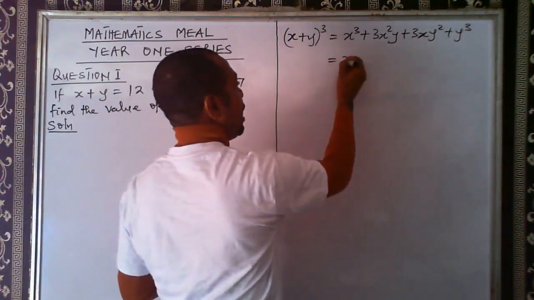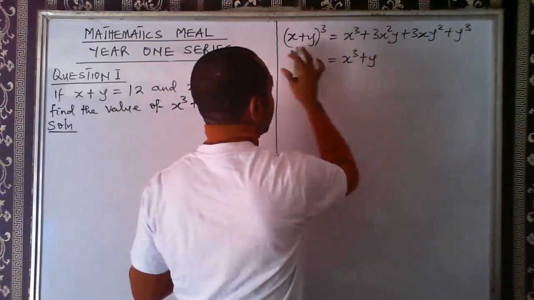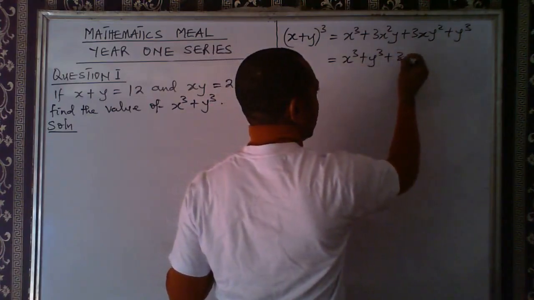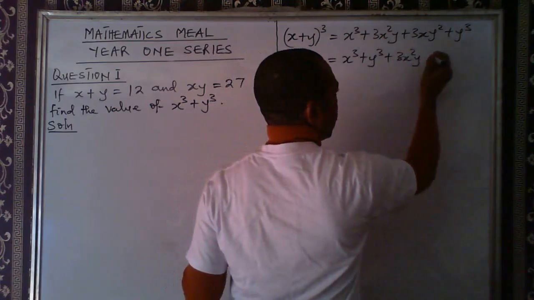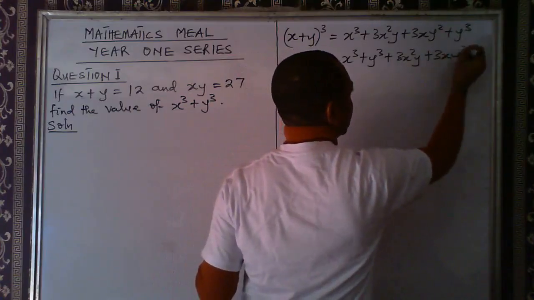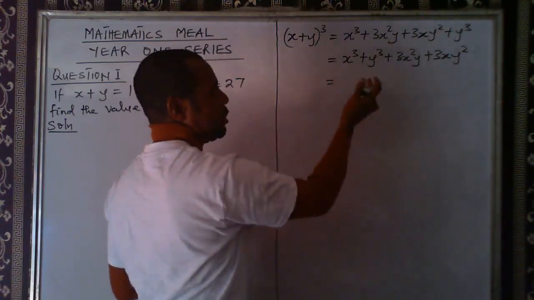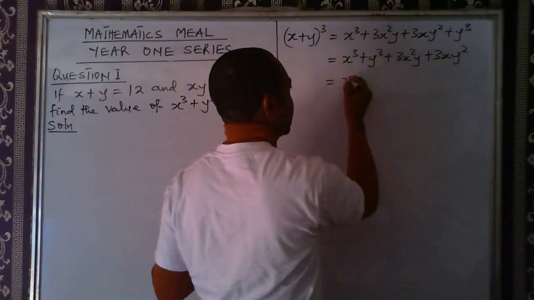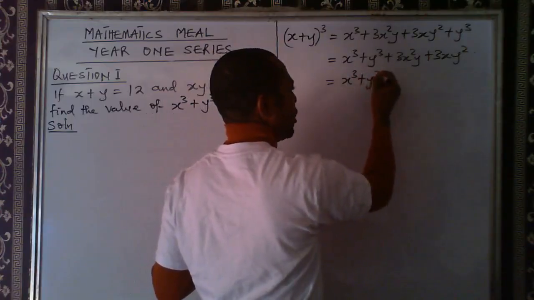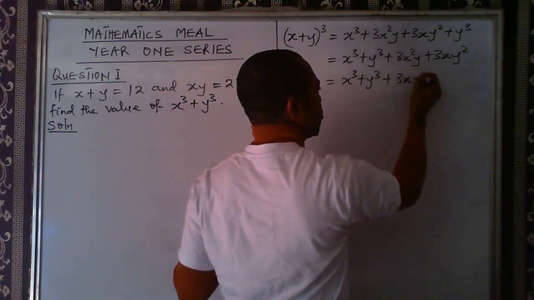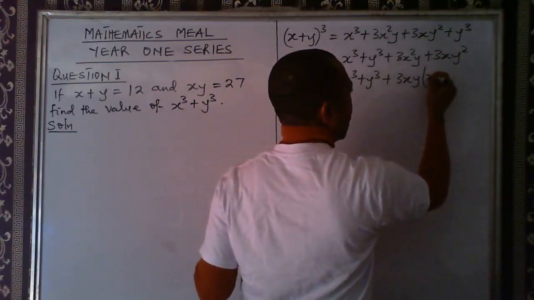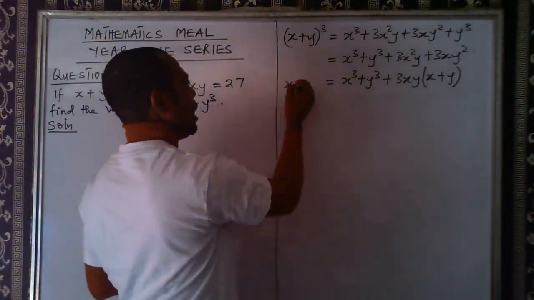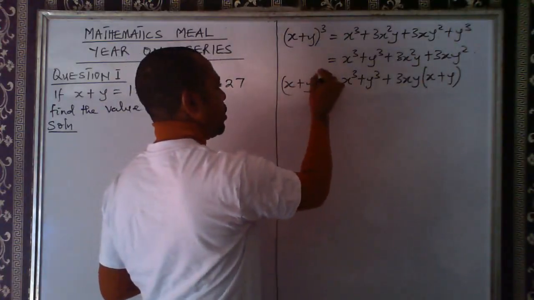And from there I can have that x plus y all cubed is equal to x cubed plus y cubed plus 3x squared y plus 3xy squared, which I can also write as x cubed plus y cubed plus 3xy bracket x plus y close bracket.